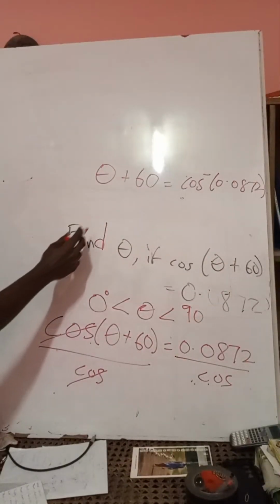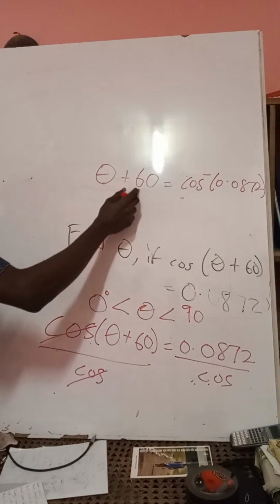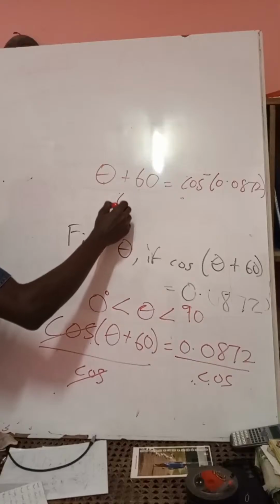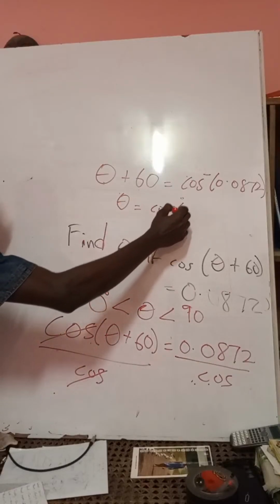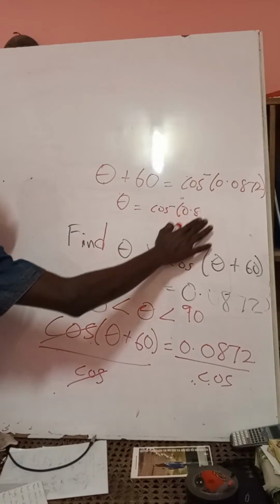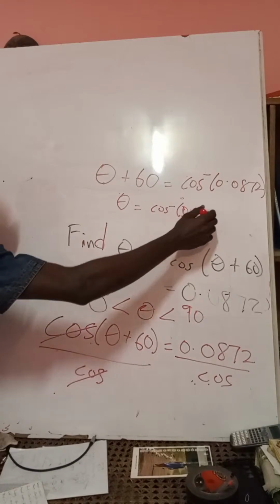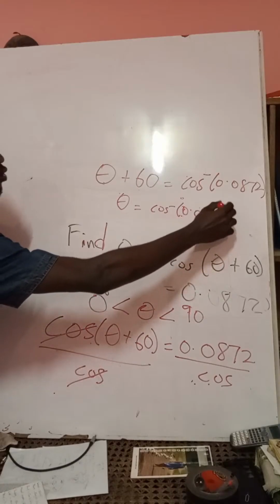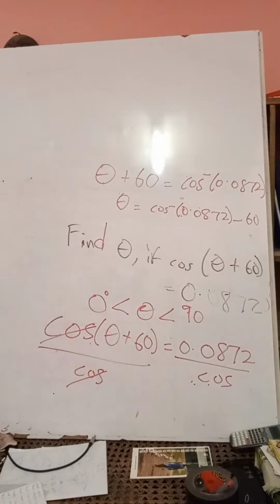Then after this one, you are looking for theta. So this one will go this side. We'll be having theta to be equal to cos inverse of 0.0872 minus 60. That's going to be the answer.